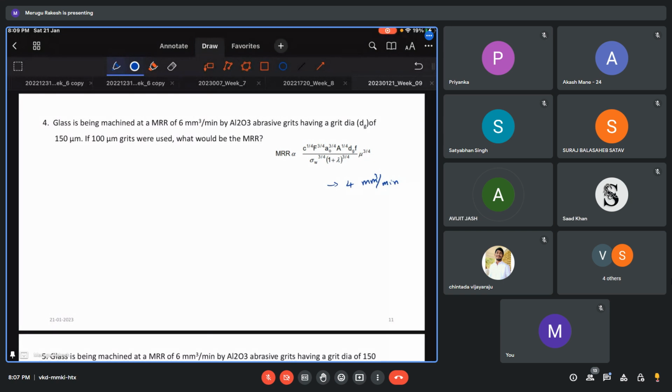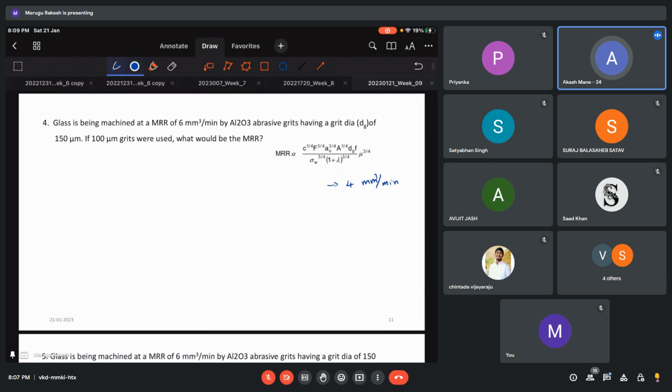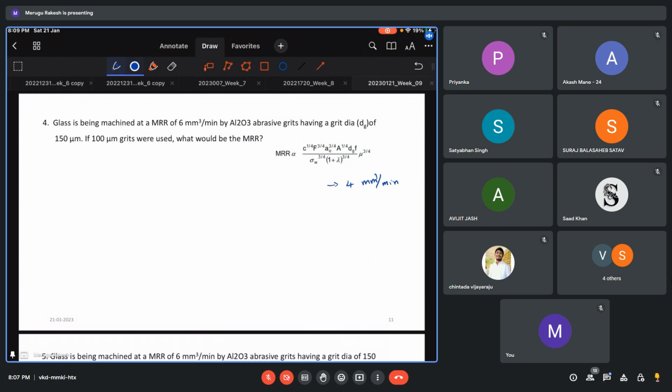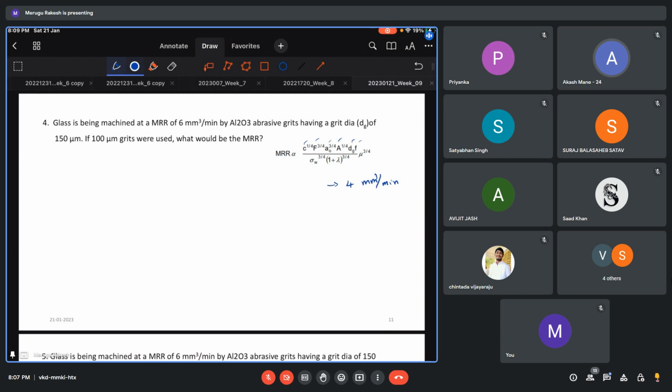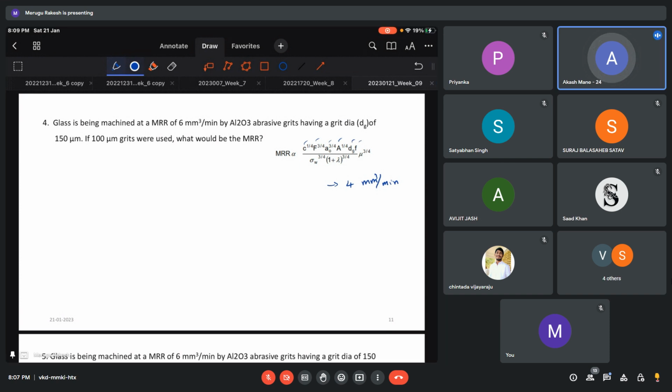Sir, area is also a function of D here. I am not quite sure, but some factor, amplitude. Answer is 4.